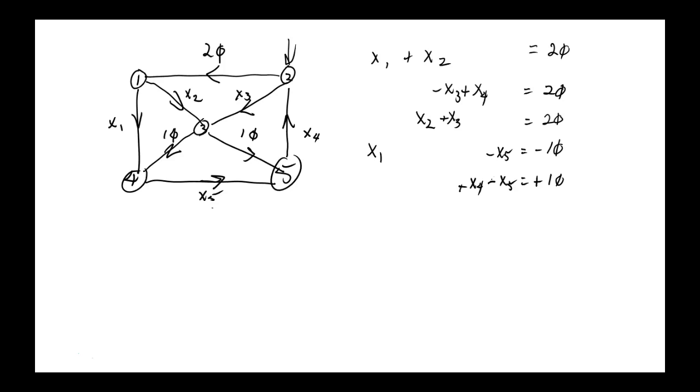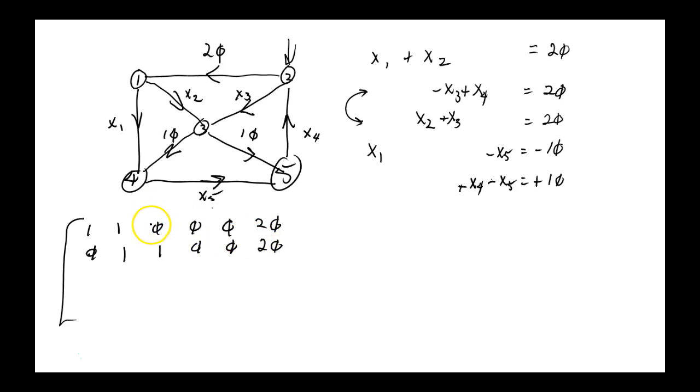Let's do the matrix. What would the matrix be? 1, 1, 0, 0, 0, 20. Next. Okay. Just for fun, I want to swap these 2 rows. 0, 1, 1, 0, 0, 20.